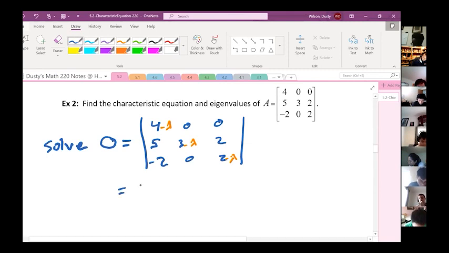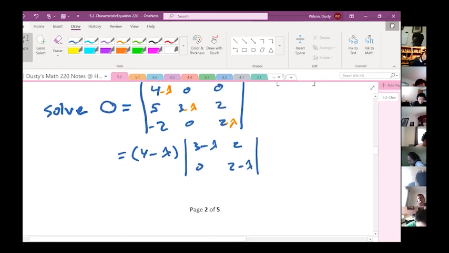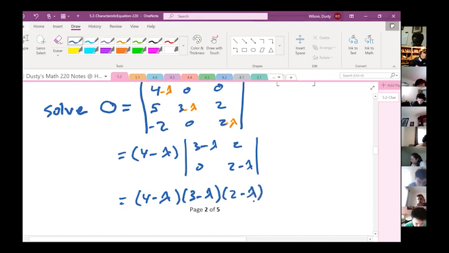So we have 4 minus lambda times the determinant of 3 minus lambda, 2, 0, 2 minus lambda, which in this case works out to be pretty nice. 4 minus lambda, 3 minus lambda, 2 minus lambda, which tells us that lambda equals 2, 3, 4.